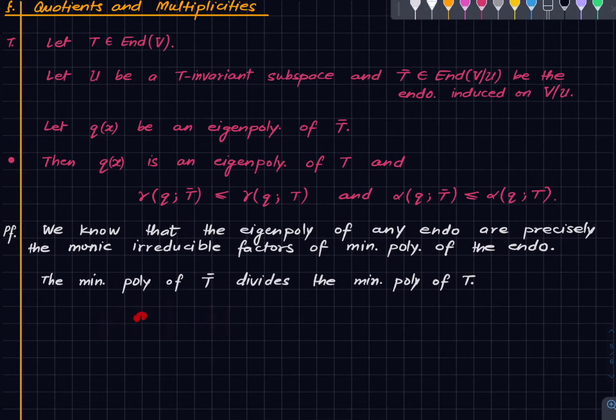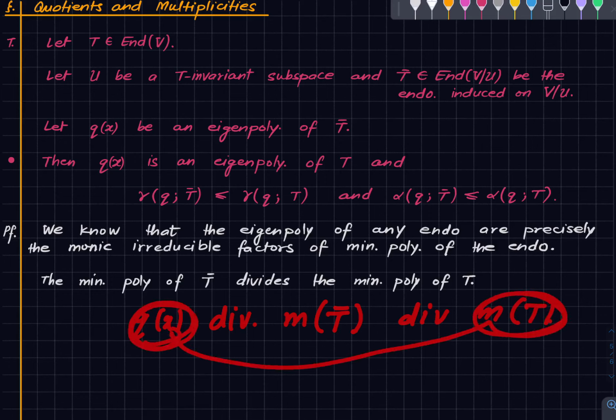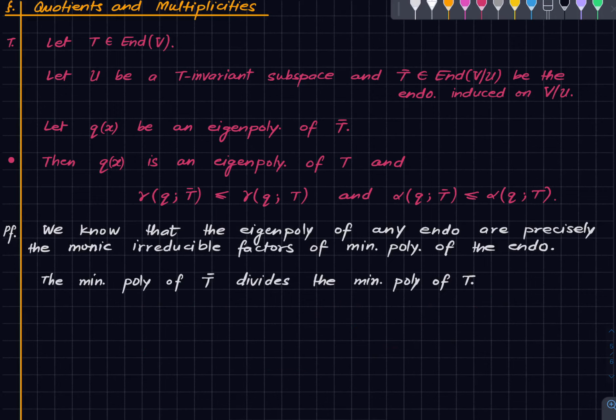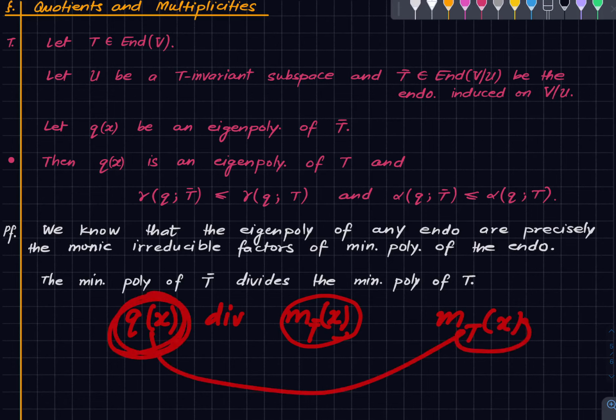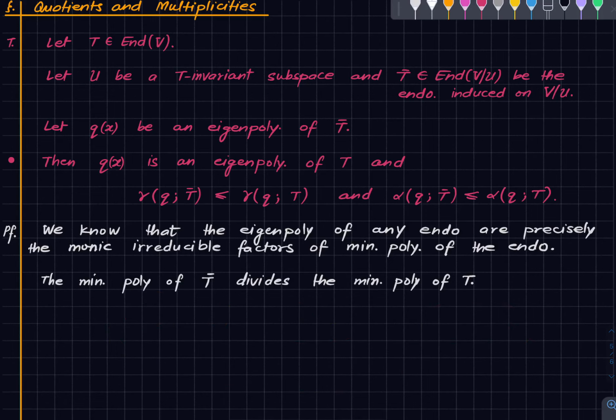But the minimal polynomial of T bar divides the minimal polynomial of T, and therefore Q(x) divides that, and hence Q(x) is a monic irreducible factor of the minimal polynomial of T, which establishes that this is an eigenpolynomial of T.